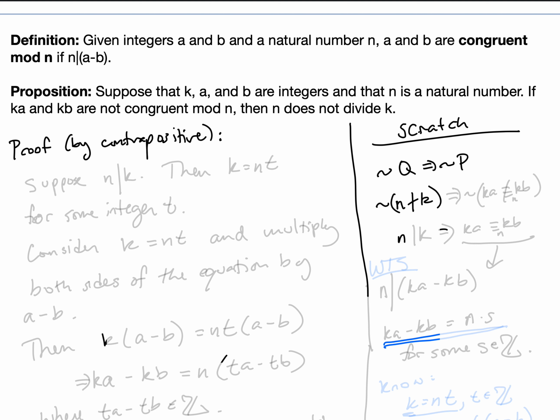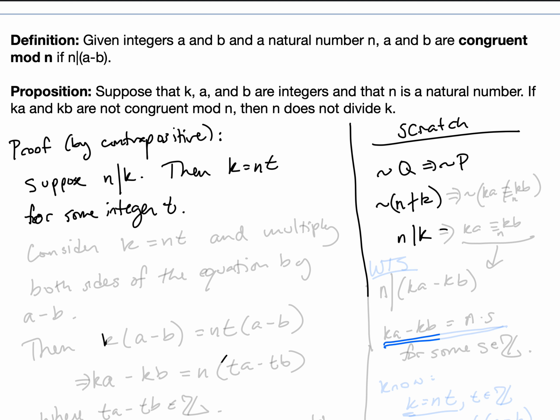So in other words, n does divide k is not Q. So suppose that n does divide k, then that means that k is equal to n times t for some integer t. That's the definition of n dividing k.